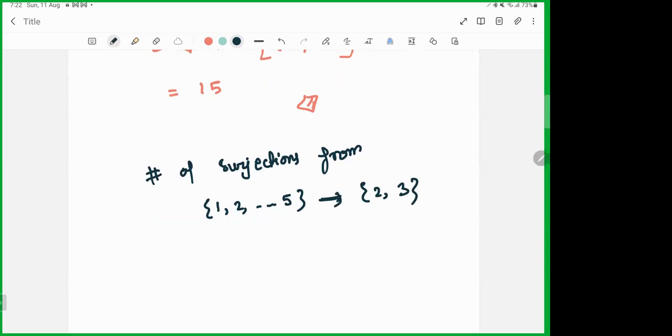You know this thing, no? Total number of functions from this set to this set. How many functions? 2 to the power 5. Now you remove the constant functions. So 2 to the power 5 minus 2. No, wait, can you go up to the question again?